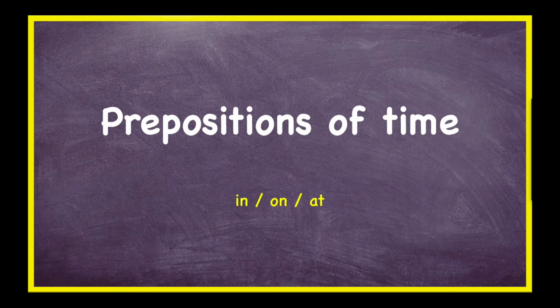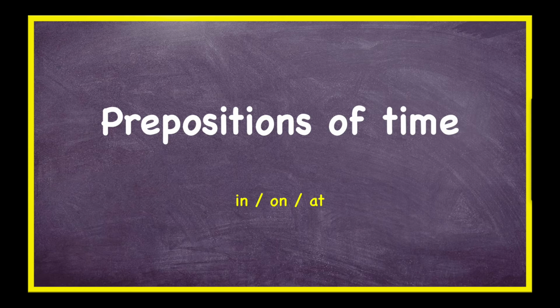And then we have prepositions of time. Prepositions of time include in, on, at. So, for example, in 1 hour, or in the year 2020. Or you would say on Wednesday, or on the weekend.